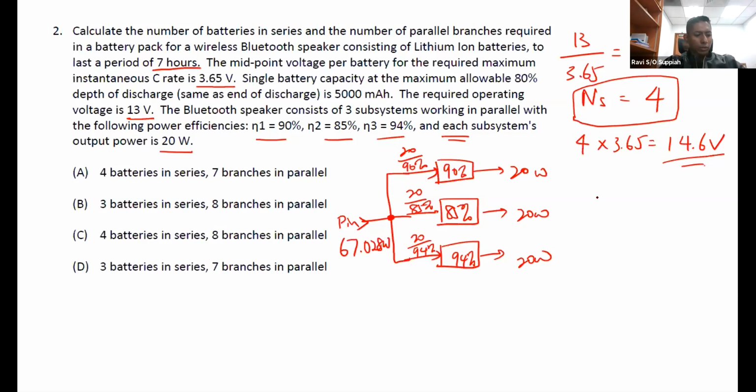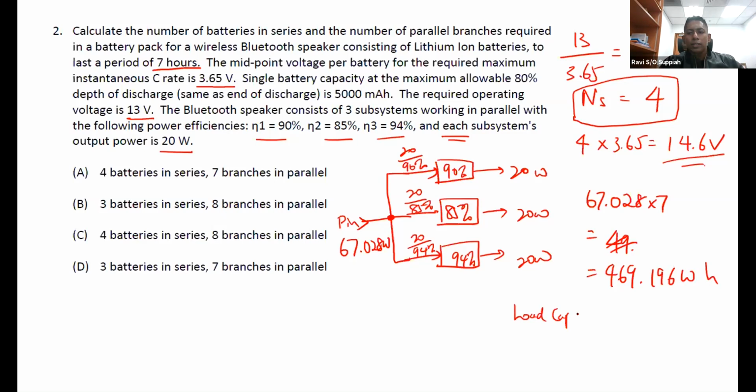So in terms of the capacity required, it is 67.028 times 7, which will be 469.196 watt hour.